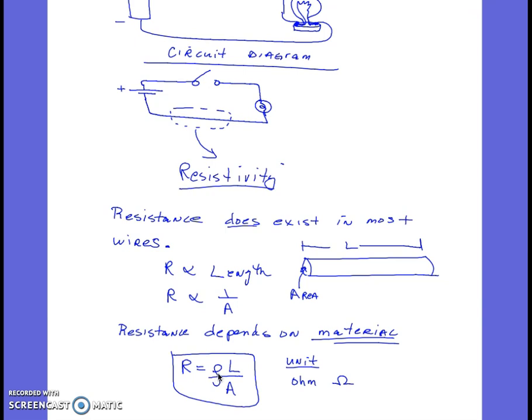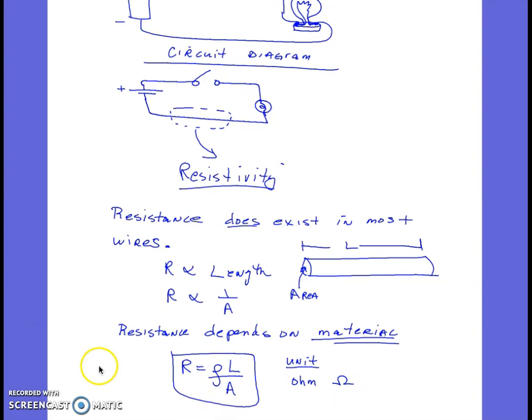And there's a table in your book that will list the values for this constant for several given materials like copper or aluminum. As we said, L is the length, A is the area. The unit for resistance is called the ohm, O-H-M, and the symbol looks like this. It's a capital omega in the Greek alphabet.